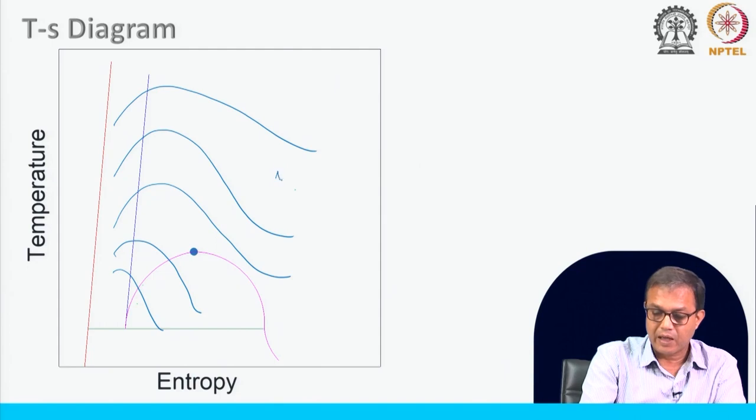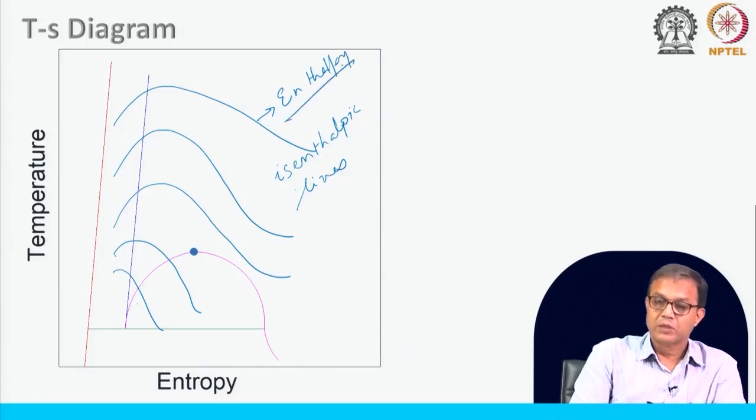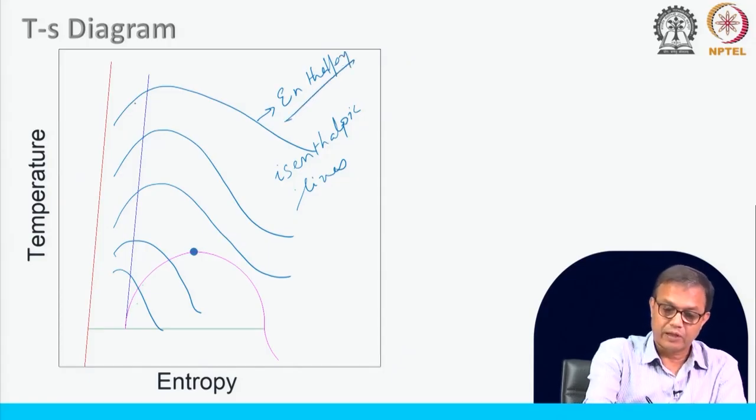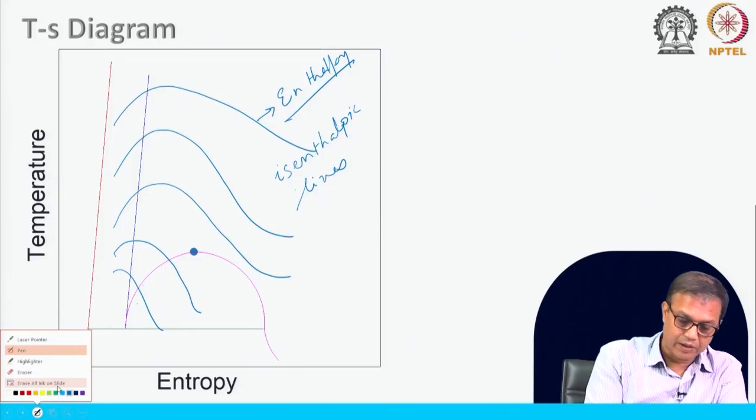So, these are isenthalpic lines. On this line the enthalpy will remain constant. The enthalpy remains constant along this line. So, we have also seen the isobars.